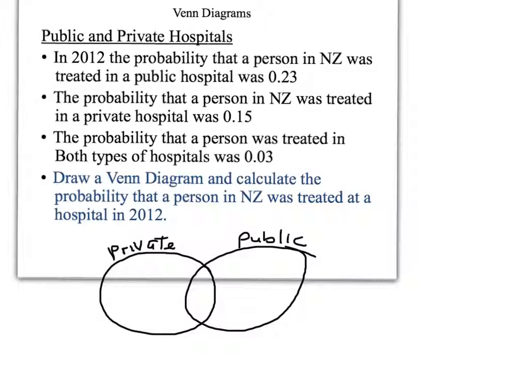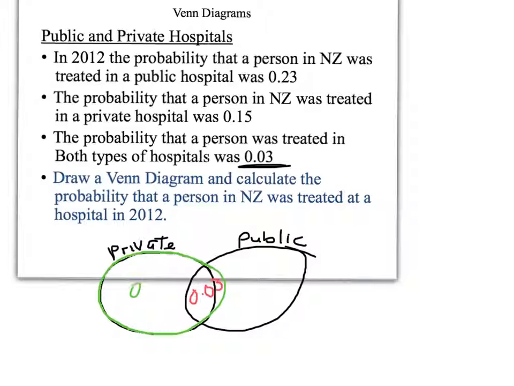So again, remember putting the middle number in first. So we've got 3% in the very middle. So that means that in my private circle here, private was 0.15, but I've got to take off 0.03.